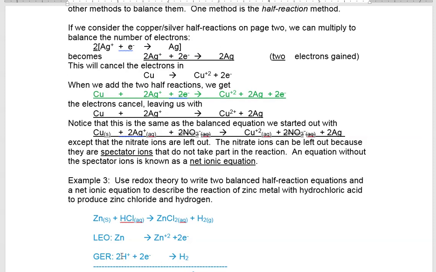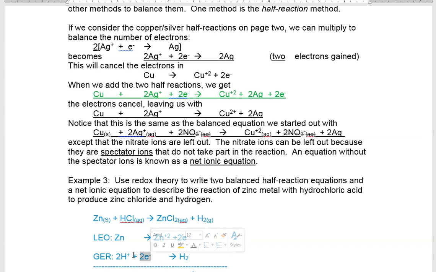So the hydrogen went from +1 to that hydrogen gas, but first we have to balance our atoms. For hydrogen gas, there's 2 of them, so we need 2 hydrogens here. Then we can look at our charges. If we have +1 times the 2, we have a total of +2. To make that balance out with our other side that's neutral, we need 2 electrons.